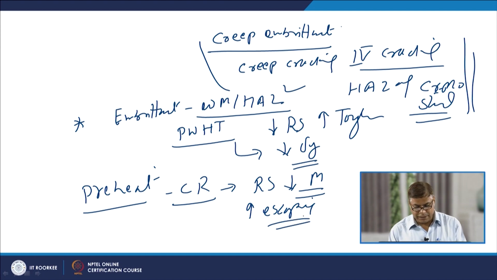So, the delayed cracking and cold cracking tendency is also reduced. We will talk about the preheat temperatures to be used for avoiding embrittlement as well as the delayed cracking tendency.